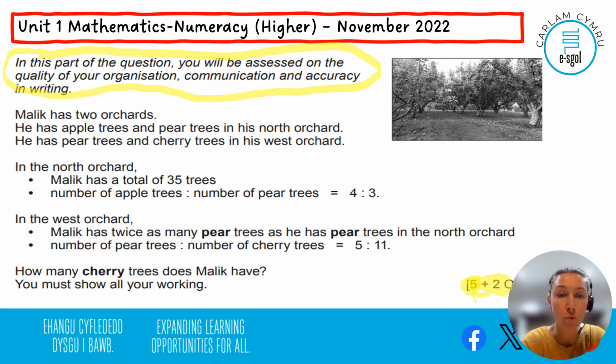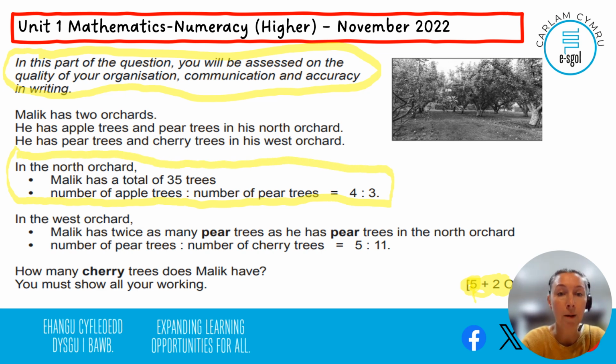Malik has 2 orchards. He has apple trees and pear trees in his north orchard. He has pear trees and cherry trees in his west orchard. So these are the numbers here. In the north orchard, Malik has a total of 35 trees.